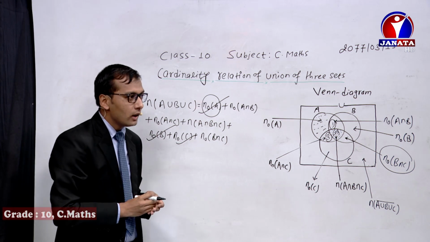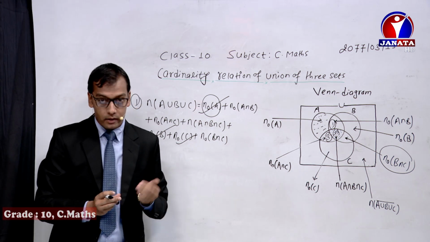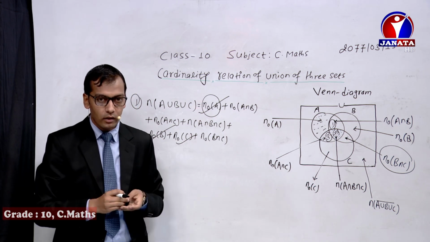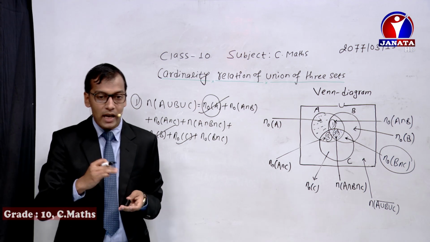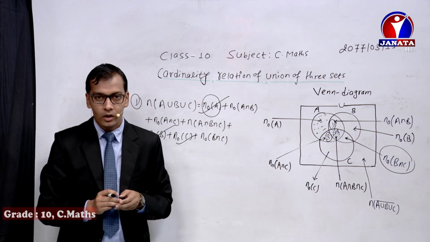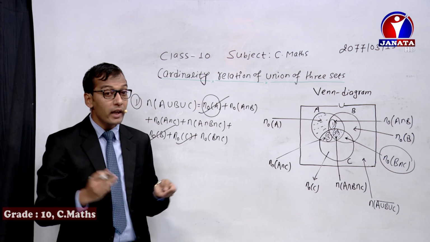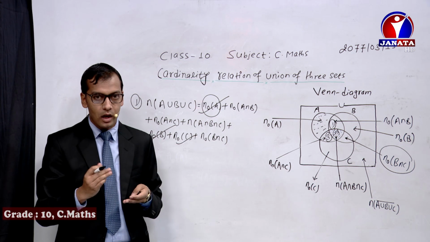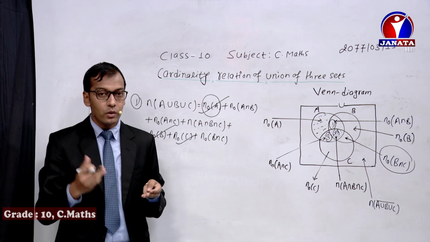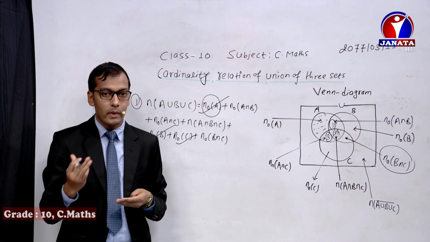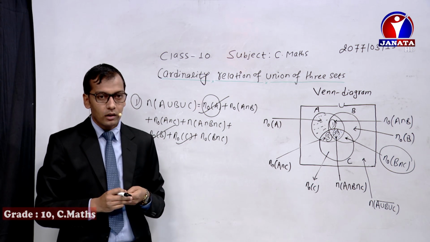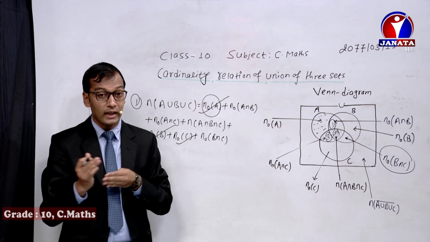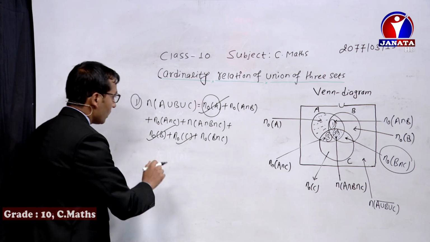So basically, in 3 subsets, we can solve questions in 2 different ways, same as 2 sets. One way is we can use the formula, second we can use the Venn diagram method. That is our choice. If we are asked to use the Venn diagram method, we need to use the Venn diagram, otherwise it depends on us. Either formula method or Venn diagram method can be used.